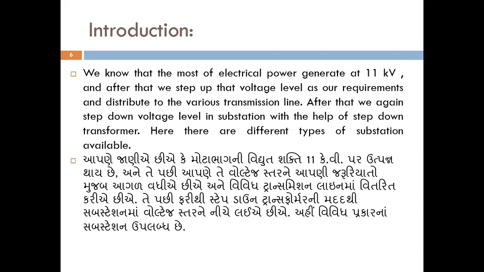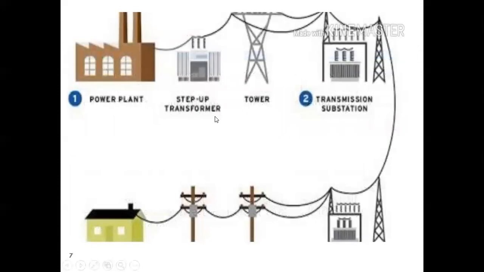All these systems are connected with the substation, and here we study the different types of substation. You can see in the diagram how the power comes to our home, in which chain.